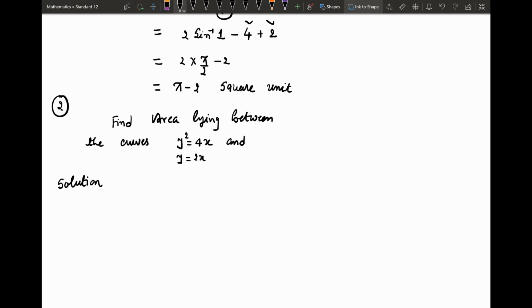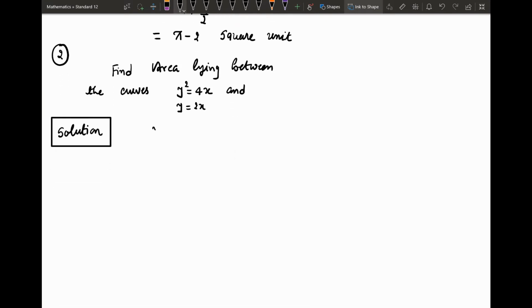Solution. So first we solve the two equations, y square equal to 4x and y equal to 2x, say equation 1 and 2.